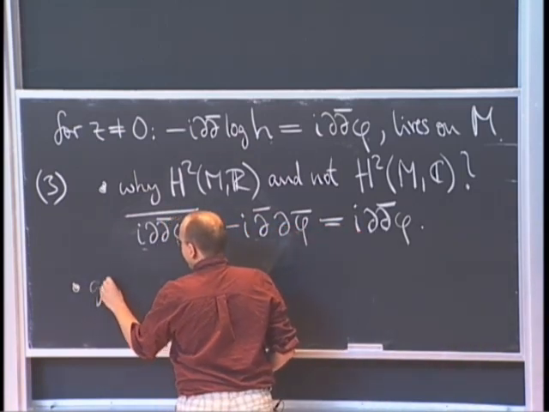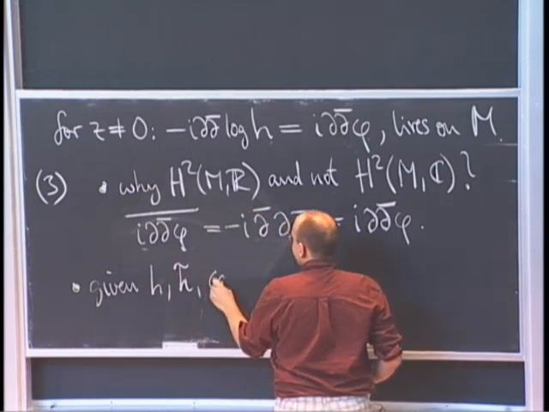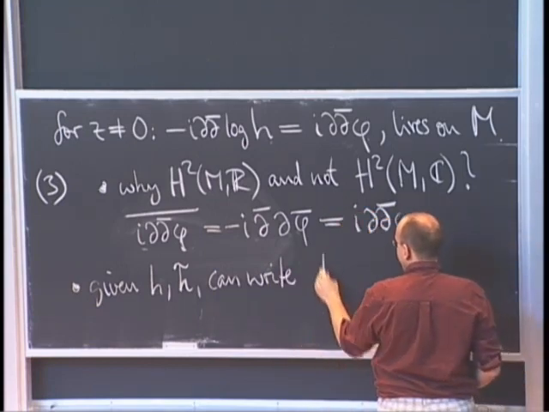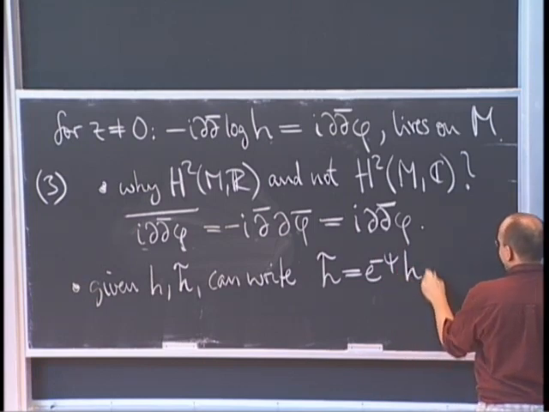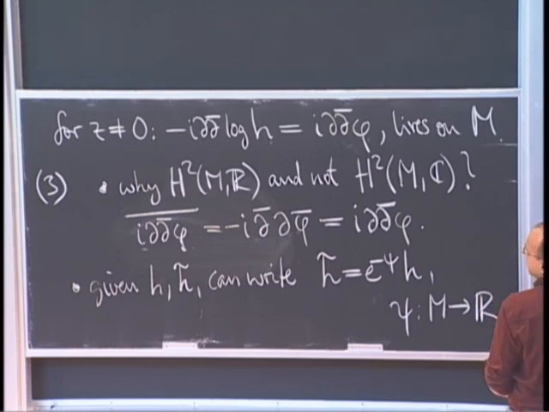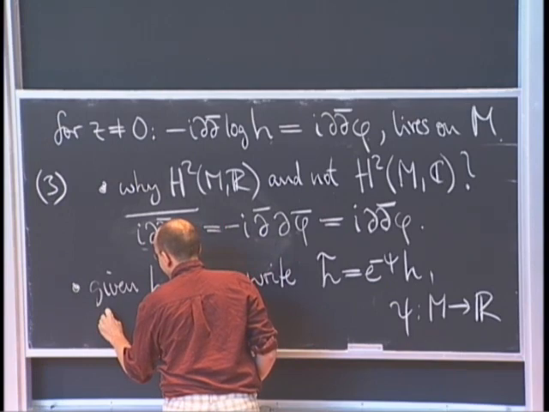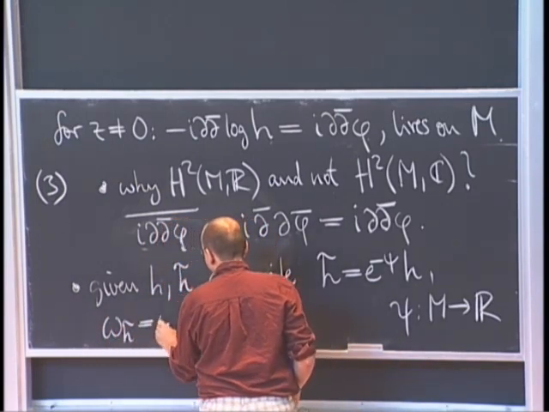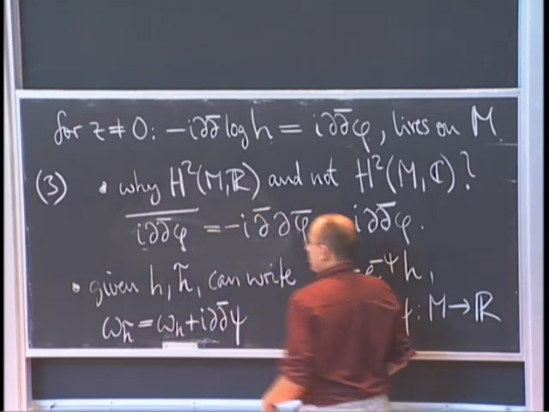So given h and h tilde, I can write h tilde as e to the minus psi h, where psi is a real valued function on the manifold, and then omega h tilde is going to be omega h plus i dd bar psi.